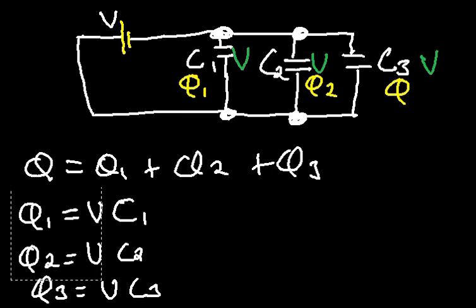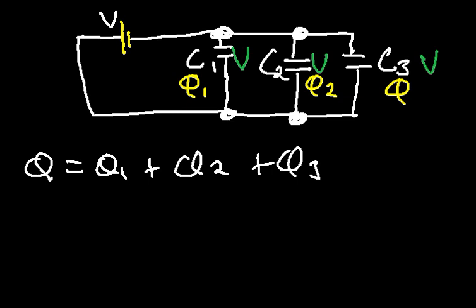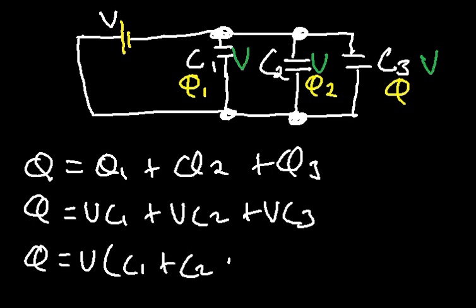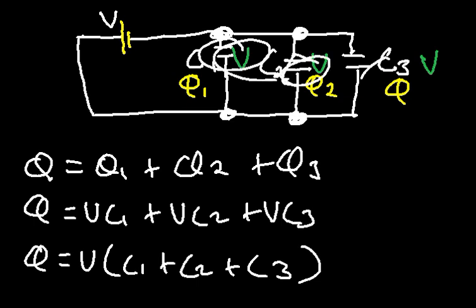That is to say, the total charge is given as VC1 plus VC2 plus VC3, and since the voltages are the same, the total charge is voltage times C1 plus C2 plus C3. And check it out, there is a combination of the capacitors in the circuit, and it follows a linear order.